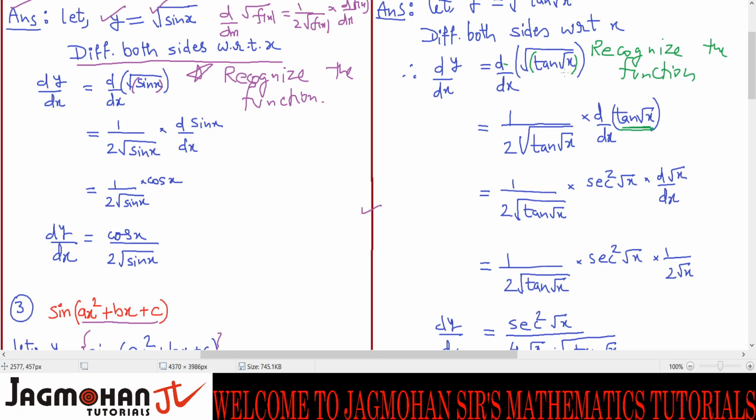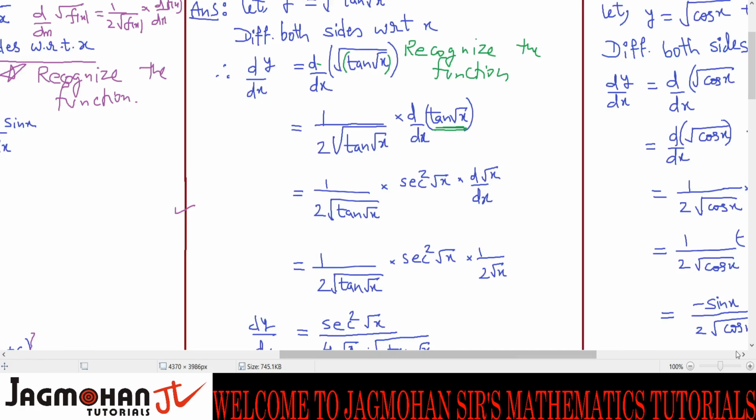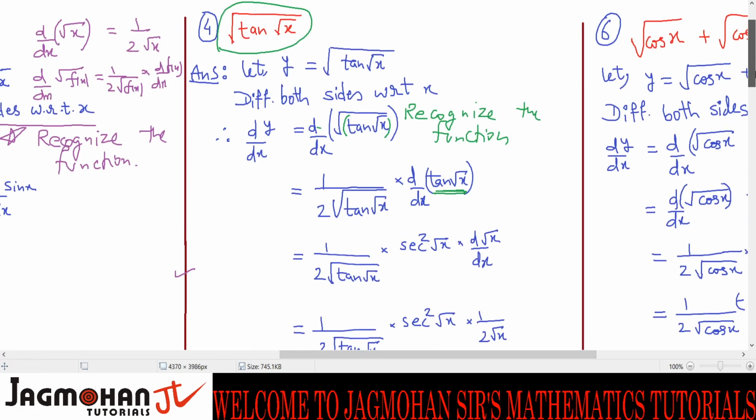What is f of x here? f of x here is tan of root x. Okay, I will do this part once again for you. This function is root f of x.